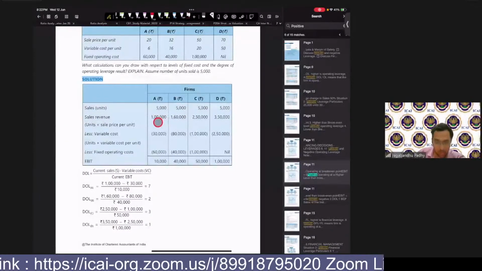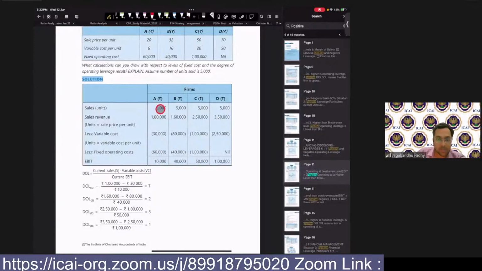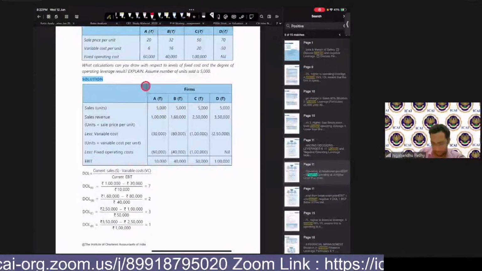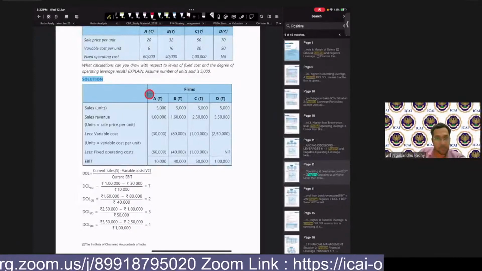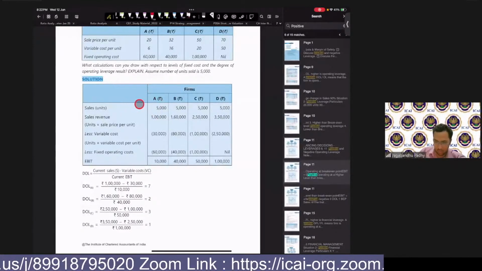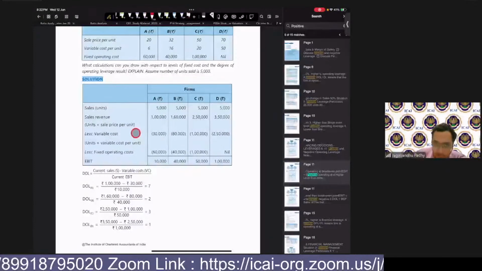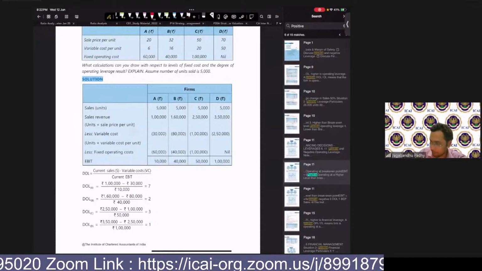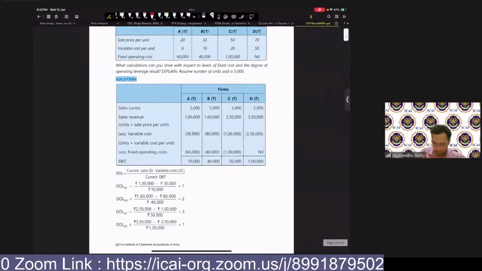It's written a positive DFL. A positive degree of financial leverage means the firm is operating at a level higher than break-even point.